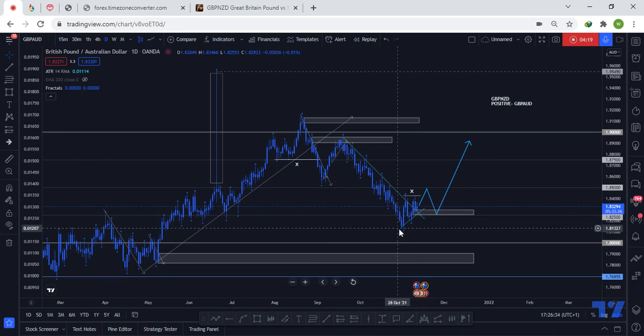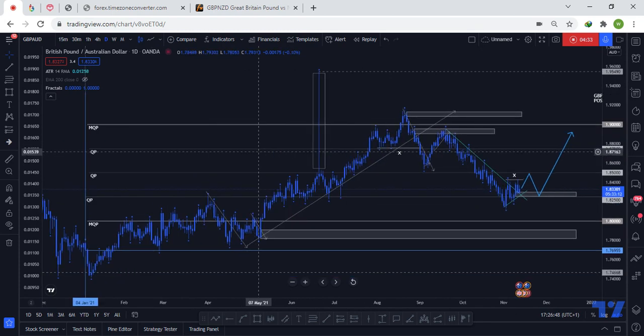That is the same concept I'm looking for here. We are trending down. We've broken out of our trend line, and just like this was a major quarter point, we broke out of the quarter point, broke back into it, broke the trend line, and broke this major low before coming back.